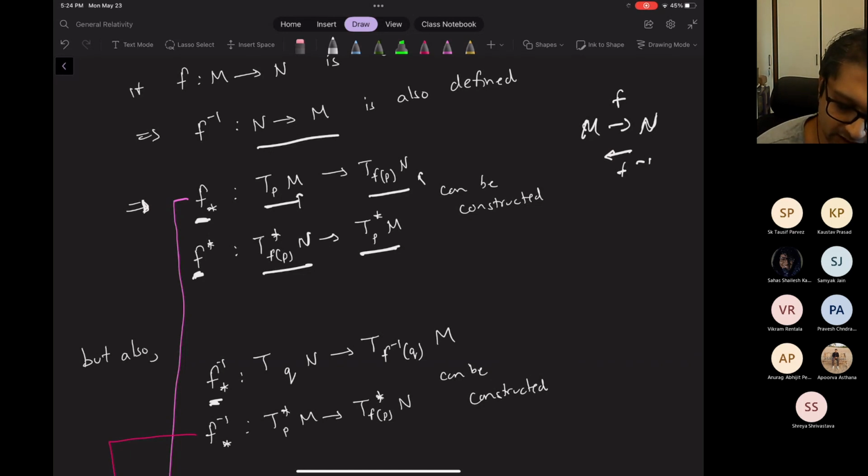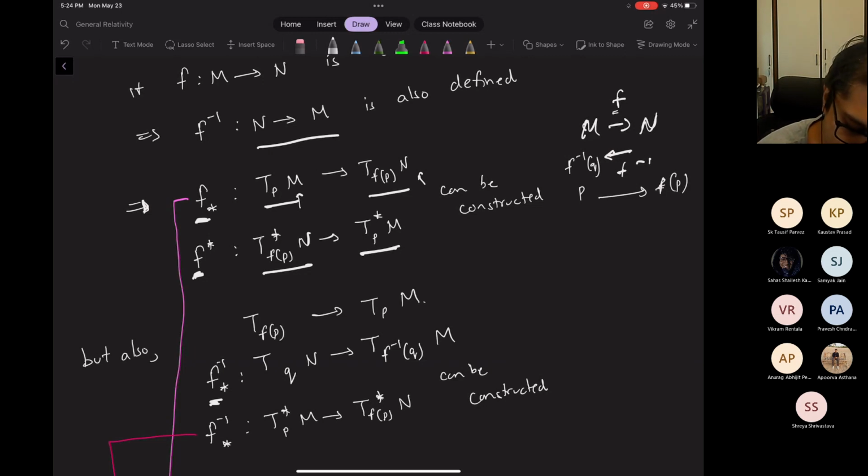Also, given the point F inverse Q, if I call this point P, then I can uniquely find through F its image in N. That's why I had previously written this as being in the tangent space TP of M, and this in the tangent space of F of P. This allows me to take a vector in N and pull it back to a vector in M. So this previously forbidden operation of the pullback of vectors now becomes allowed if you have a diffeomorphism.